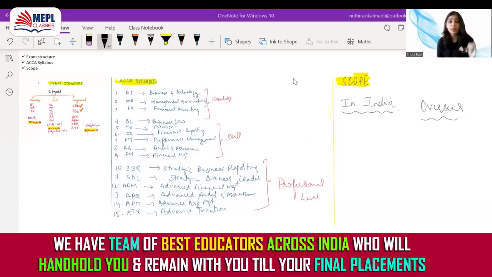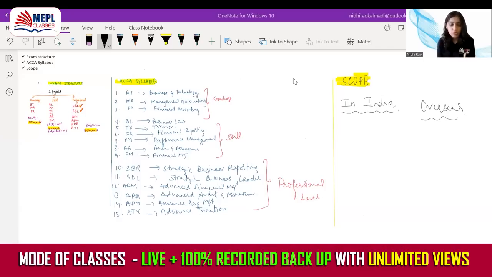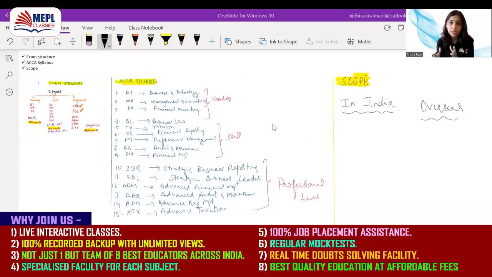It's a very well-built website which has almost all the information that you need, right from the study support resources to what is ACCA. And talking about the scope of ACCA, there is a job profile page exclusively on the website where they tell you where you can apply for jobs. Once you become an ACCA affiliate, you can apply for jobs in their job portal. That is the support that ACCA Global has for you.